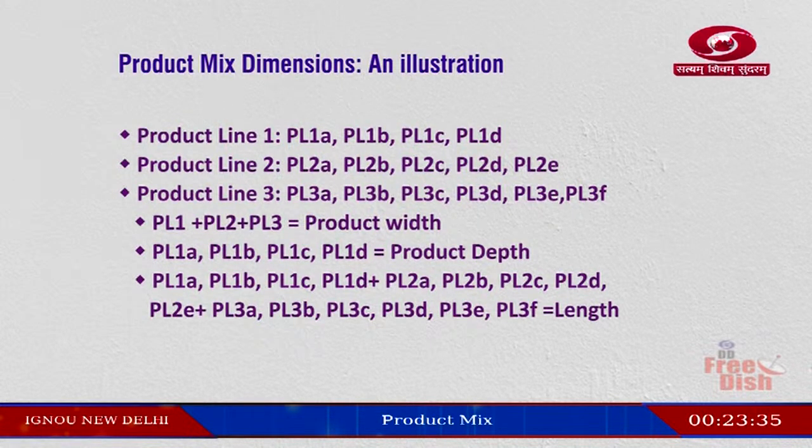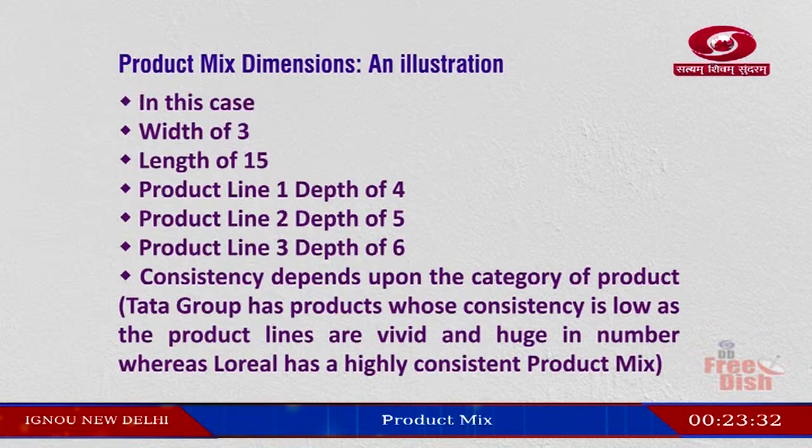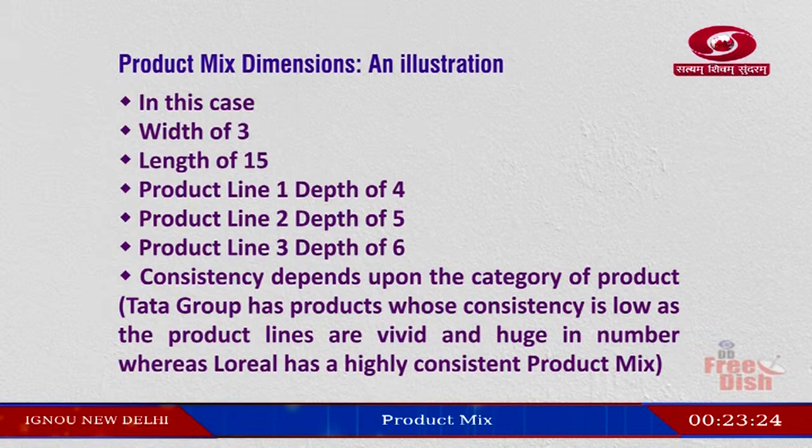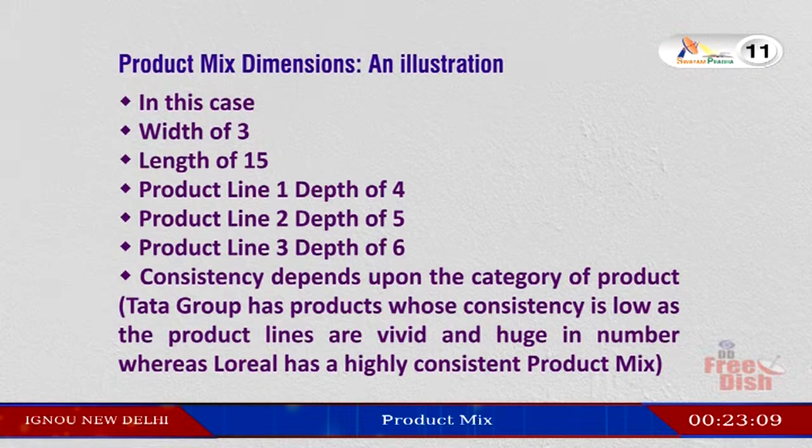Now, when we talk of product width, that means the number of product lines that XYZ company, which is an assumption, is offering. In this case, the width of the product mix is 3 lines wide, right? When we talk of the length, we have to count all the products it is offering: 4 products in product line 1, 5 in product line 2, and 6 in product line 3.